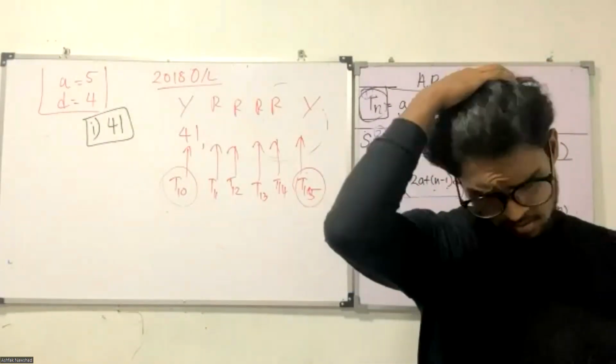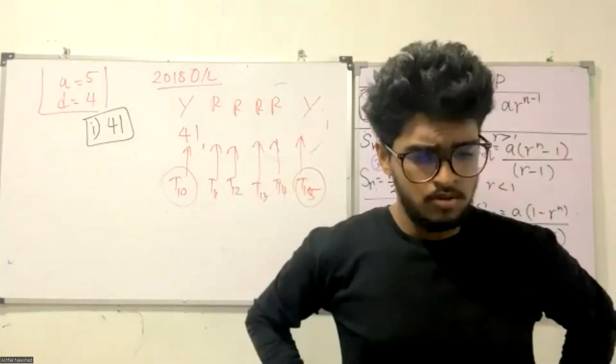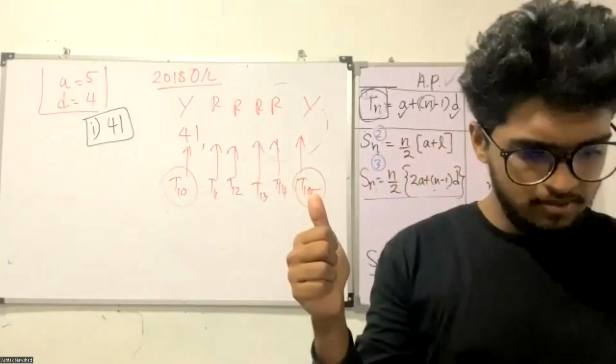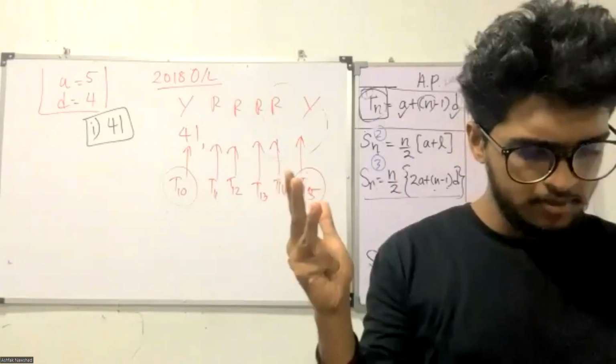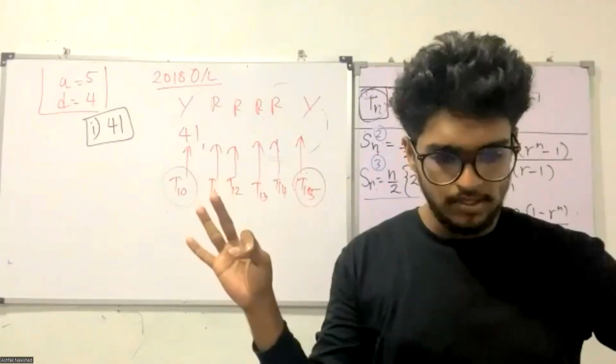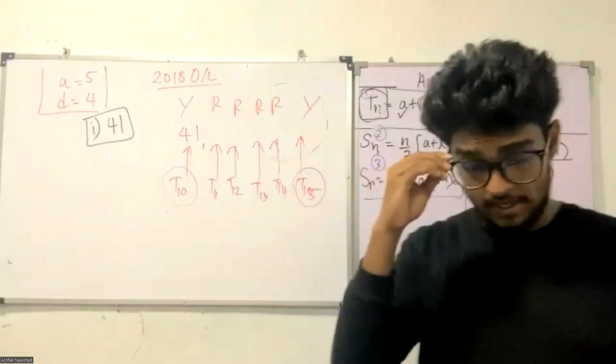Is it 8? Let's see. 10th, 15th, 20th, 25th, 30th, 35th and 40th. It's 7, right? 7, exactly.